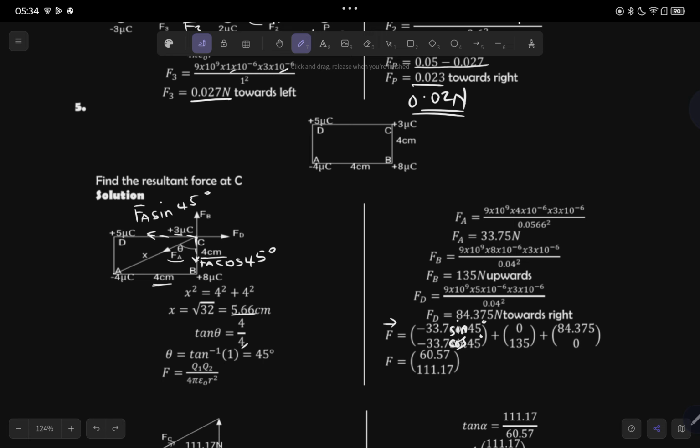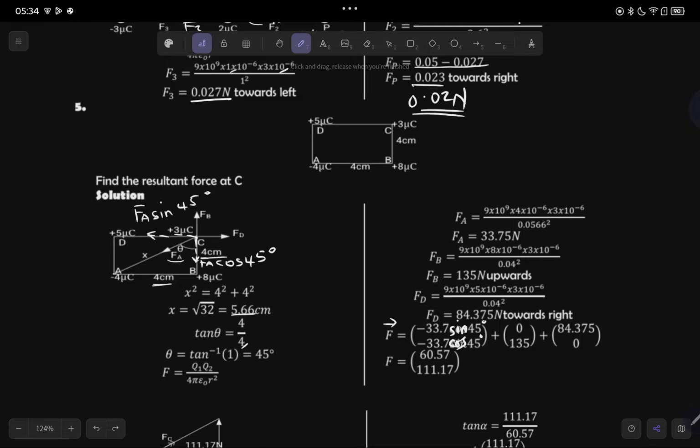Then when we go to FB, FB is entirely vertical, so it has a zero horizontal component. So horizontal is 0 and vertical it is 135.